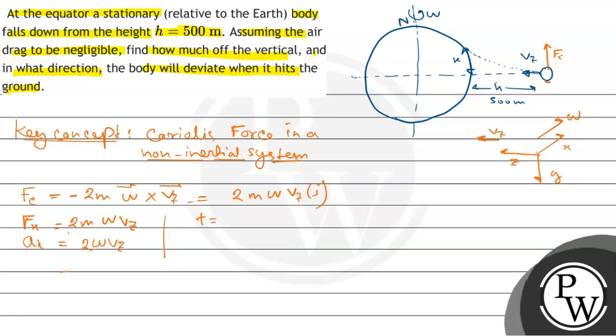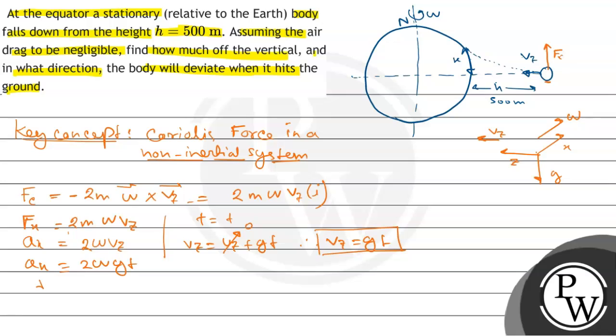Now at time t, vz equals uz plus gt, because when the body is falling down the acceleration is g, and uz equals 0, so vz equals gt. From there we will get ax equals 2 omega gt.